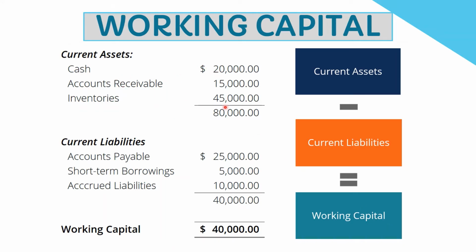As you can see, cash, receivables, and inventories, you add them all. Then also the liabilities, and then current assets minus current liabilities. 80 minus 40 is equal to working capital, which is $40,000.